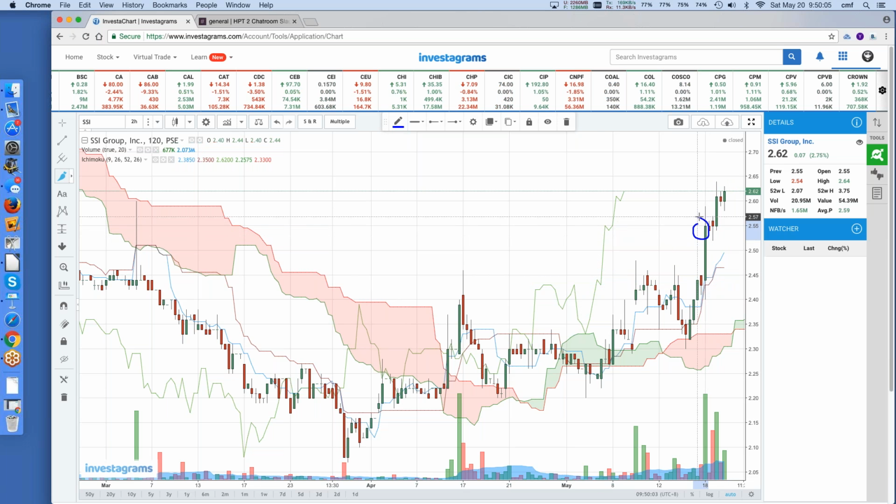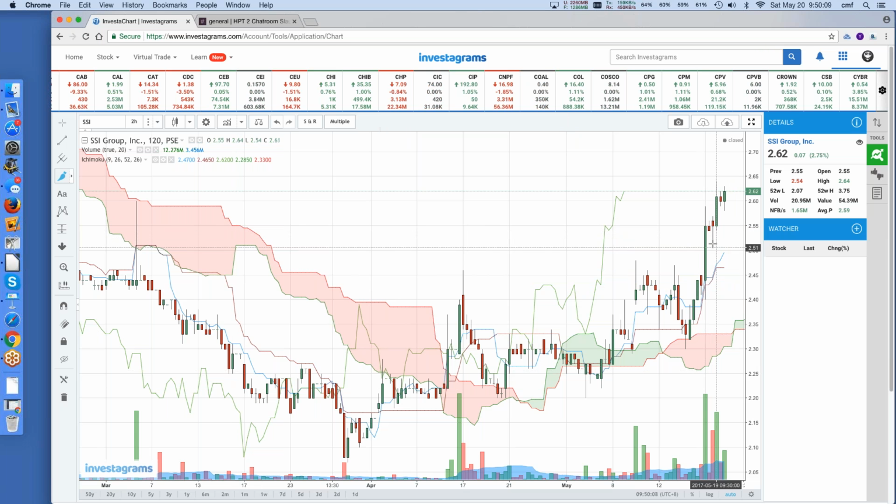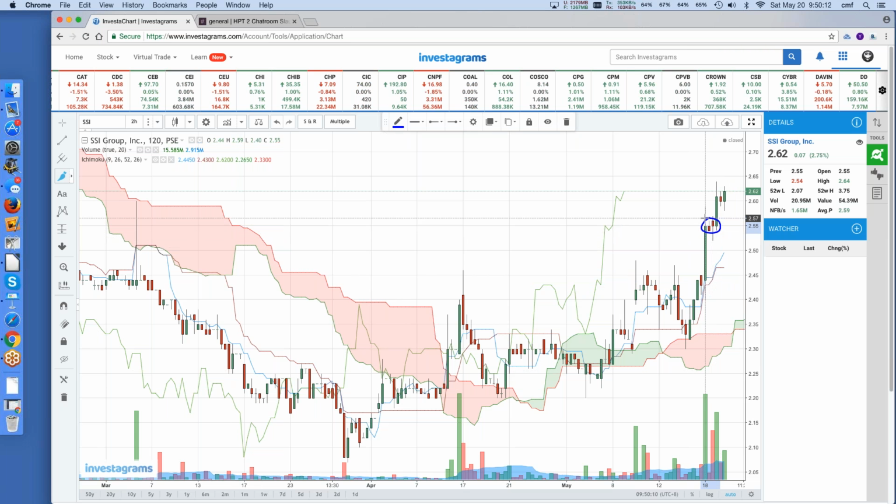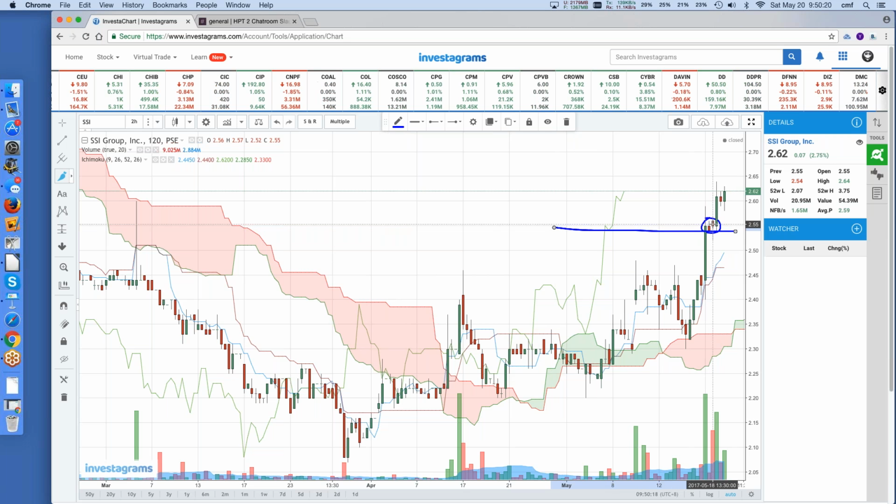This was the close of, we're looking at the wrong candlestick. This was the close of May 18, 2017. At this candlestick, May 18, we find that price is above the Kumo elements.